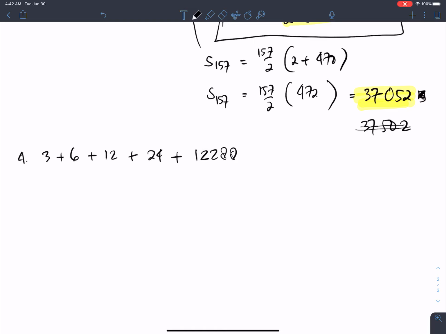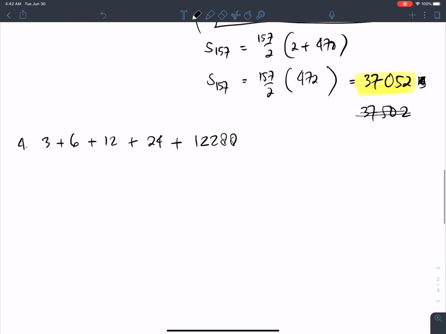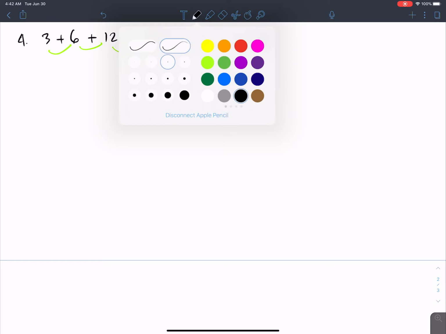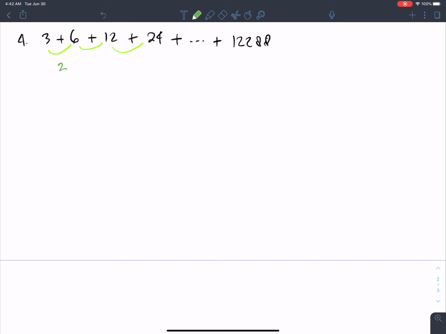Okay, so again, we need to check immediately whether this is an arithmetic or geometric sequence. Just simply check the difference. If we check the difference, we have 3 here, 6 here, 12 here, so no need to continue.